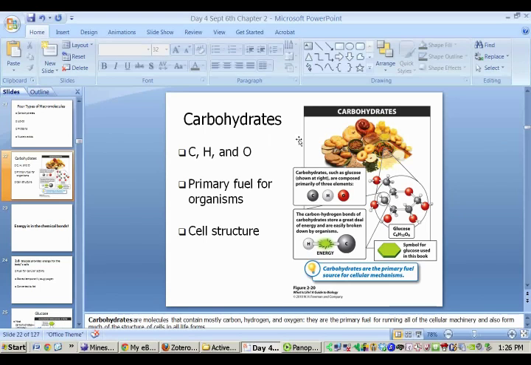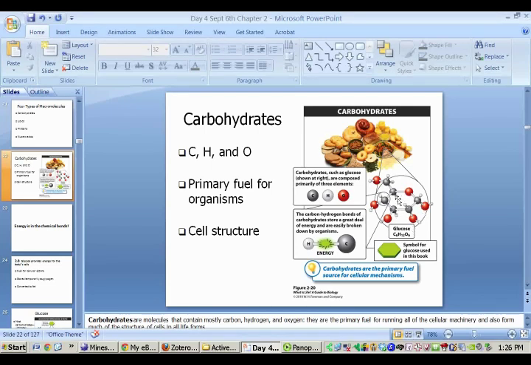Carbohydrates only have the elements carbon, hydrogen, and oxygen in them. Here you can see those three elements and the way they're all shaped together to make a long chain. This is an example of glucose, C6H12O6, which means it has 6 carbon atoms to 12 hydrogen atoms to 6 oxygen atoms.